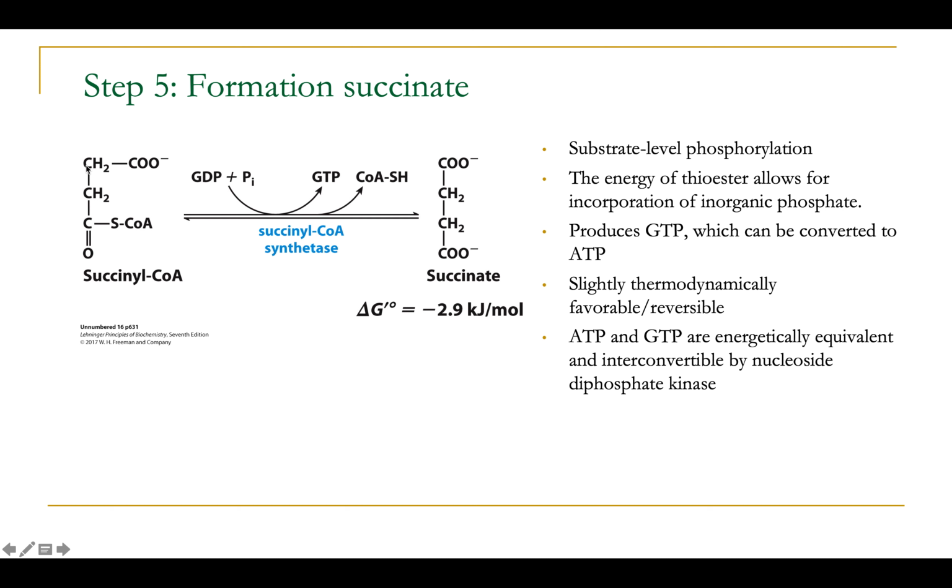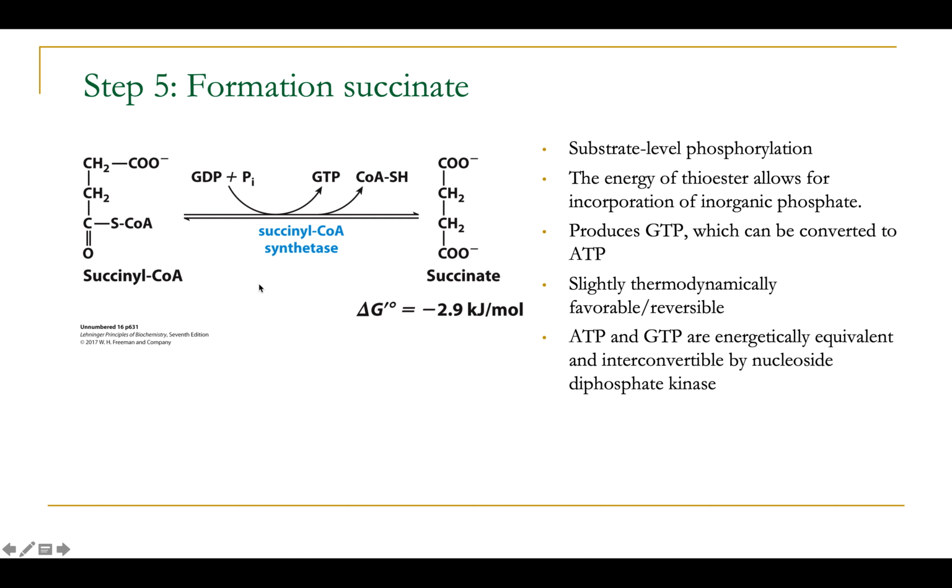From the energetic perspective, this reaction is almost neutral, and this is a balance between the energy released from hydrolysis of thioester and energy required for the formation of phosphoanhydride bond.